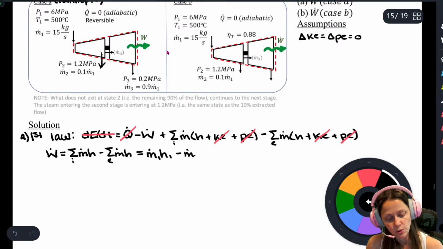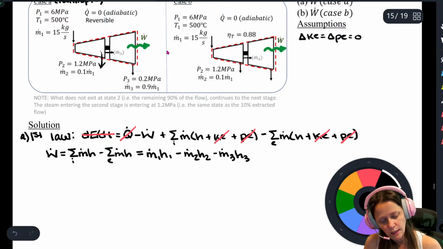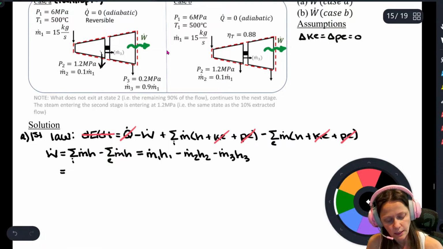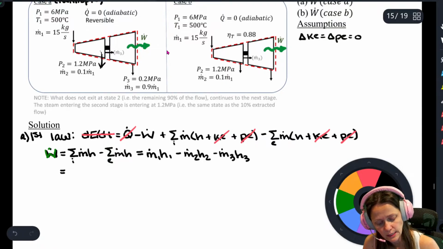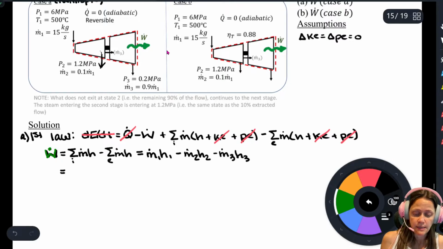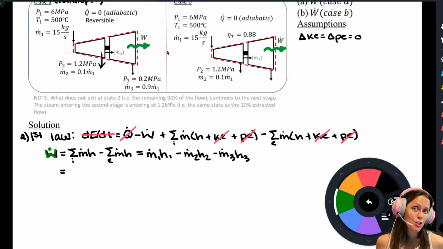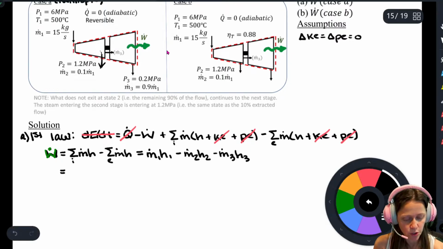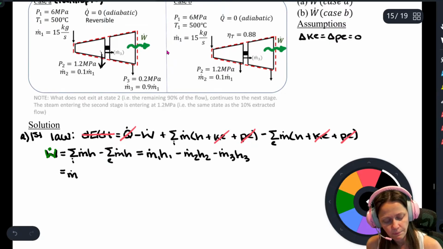So m dot 2, h2, m dot 3, h3. And the way that the problem statement is worded, it defines m dot 2 and m dot 3 really in terms of m dot 1. So what I'm going to do is isolate m dot 1 on the outside.